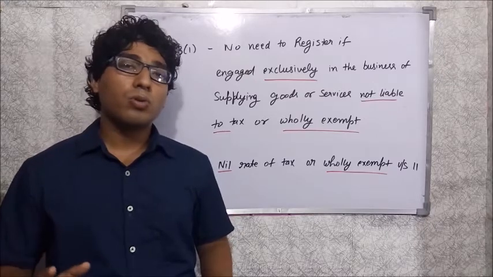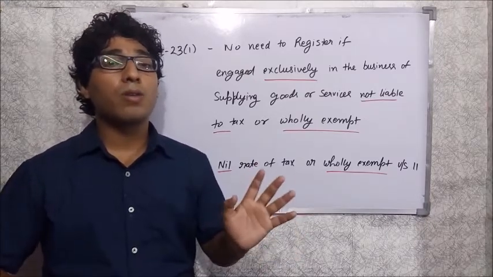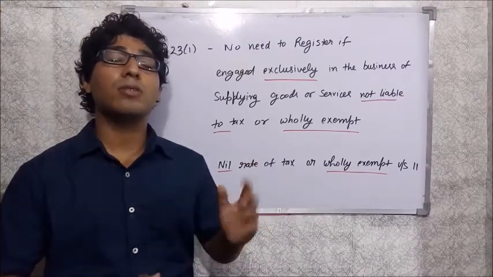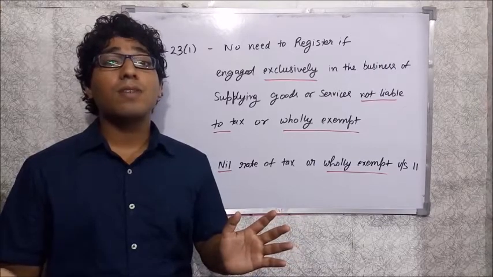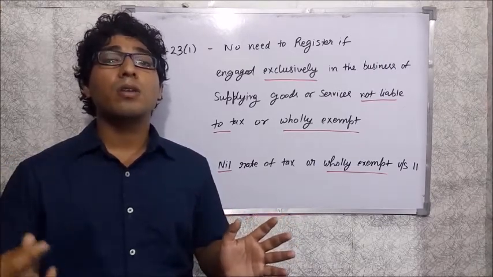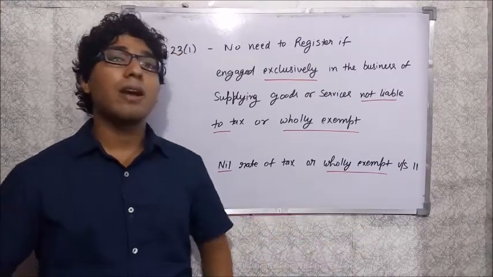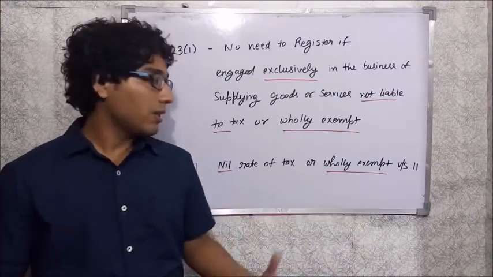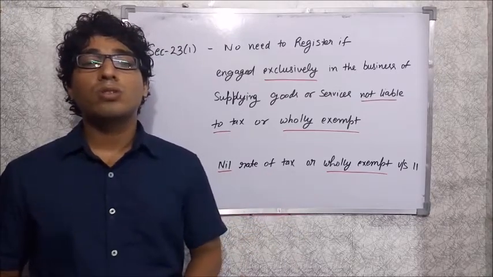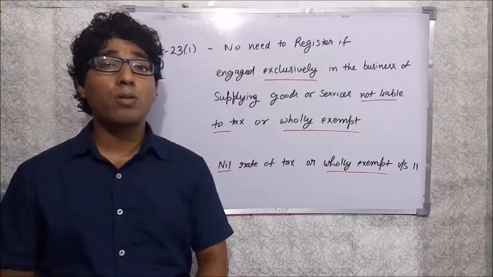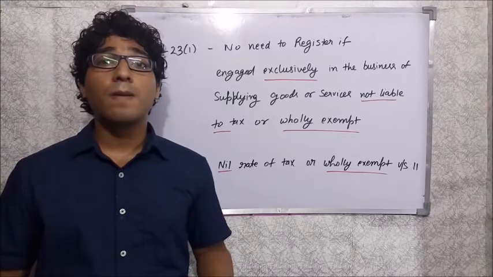Suppose the tax on your goods or services is 12%, but the government comes up with a notification exempting such goods or services, then that will also be called exempted supply. So there are two things in Section 2 subsection 47. First, those goods or services which attract nil rate, or which are wholly exempt under Section 11. That is the definition of exempted goods or services.